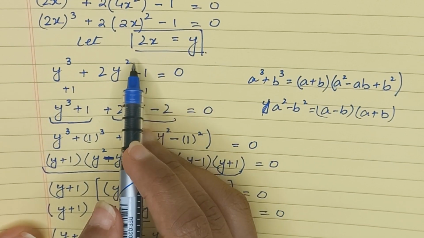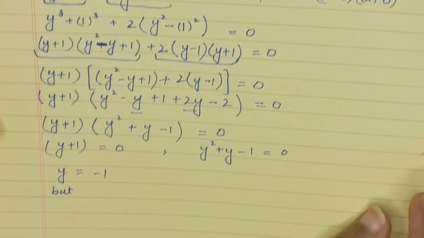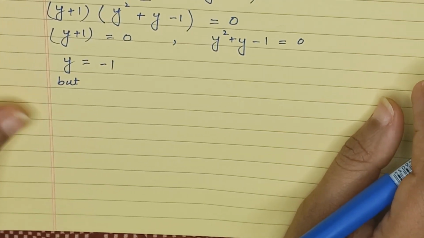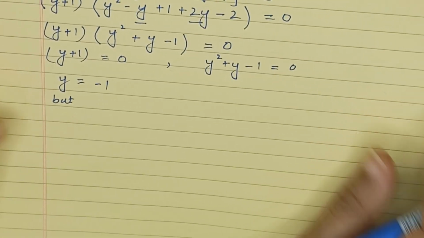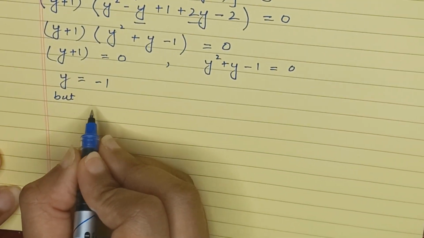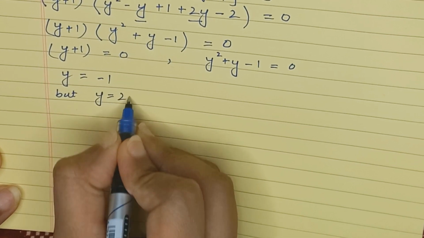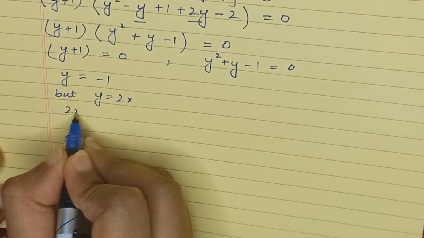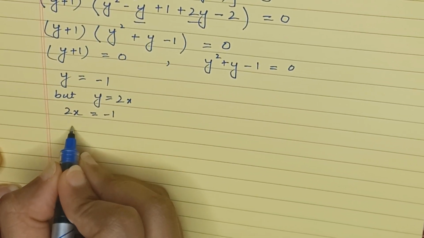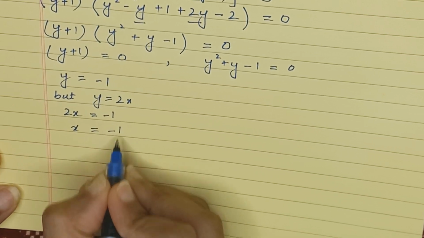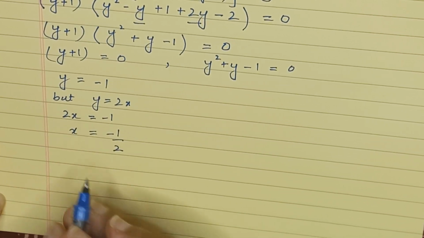but y is equal to 2x. So it will become 2x is equal to minus 1 and x is equal to minus 1 divided by 2.